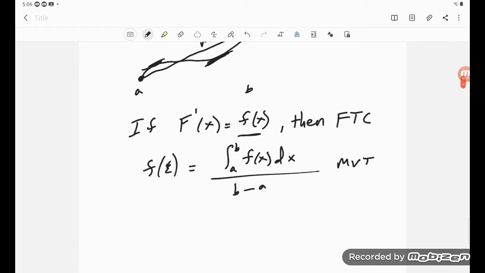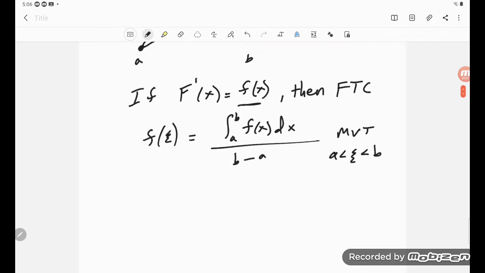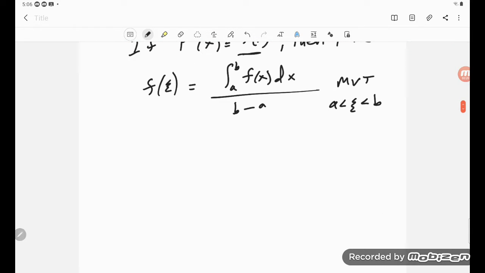Well, and I should, right, a is less than c, less than b. Okay, so we have that. Now, a reminder that, in our case, b is x plus h, and a is x, and so b minus a in this case is h.